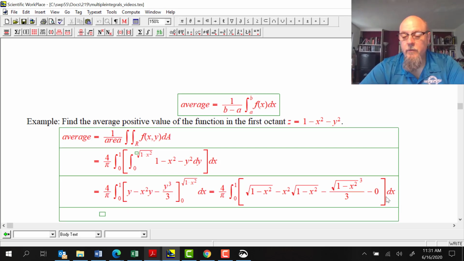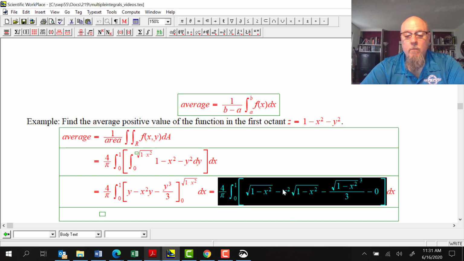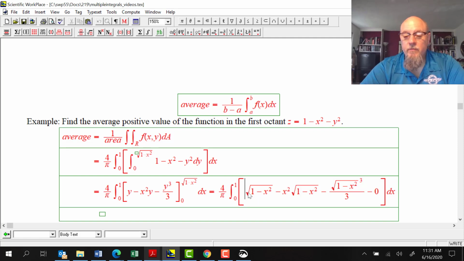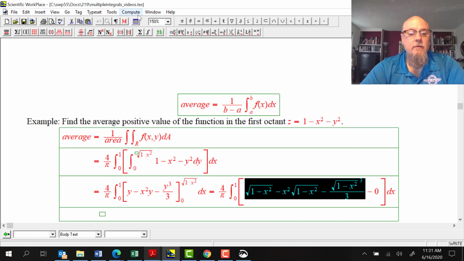Now all I got to do is integrate this, which may or may not be easy. If we simplify this, let's simplify that.